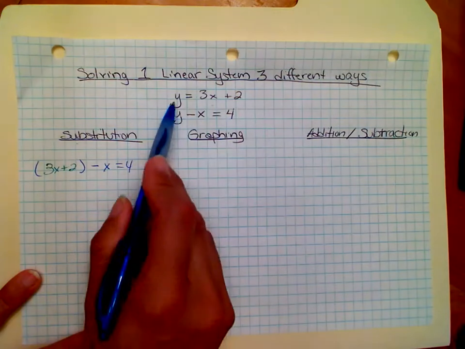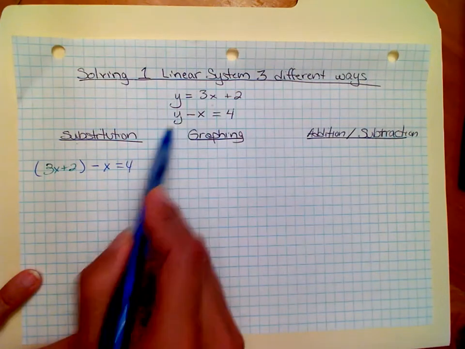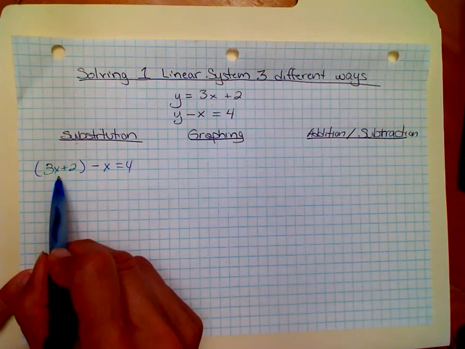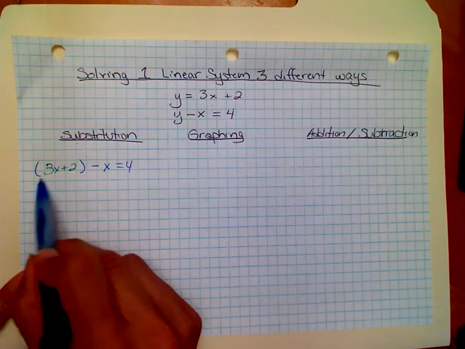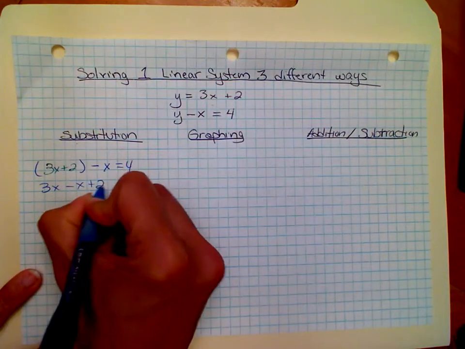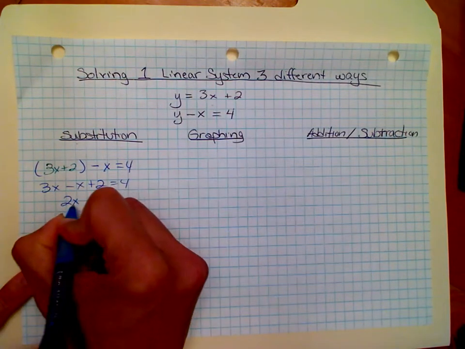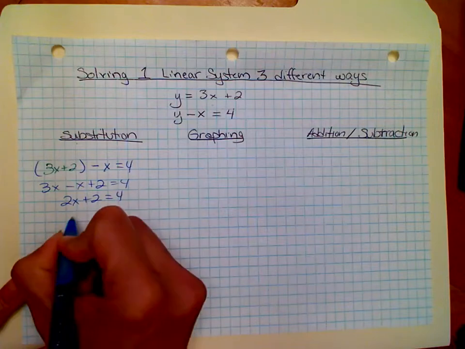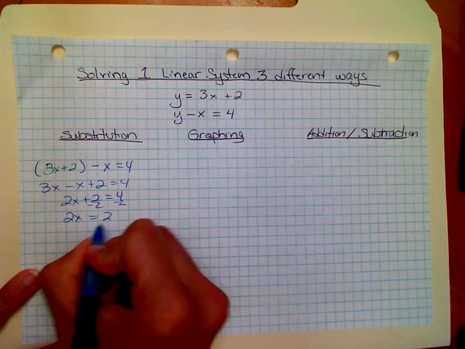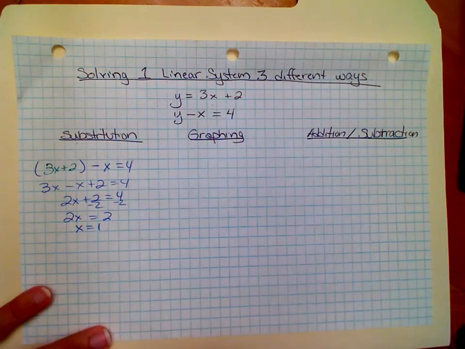There wasn't a coefficient in front of this y, so I don't need to multiply or distribute. So I get 3x minus x plus 2 equals 4. So 2x plus 2 equals 4. When I subtract 2 from both sides, I get 2x equals 2, so x must equal 1.